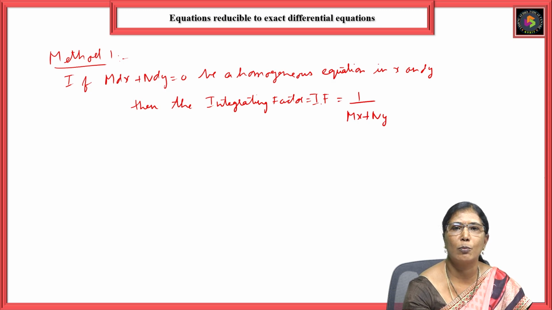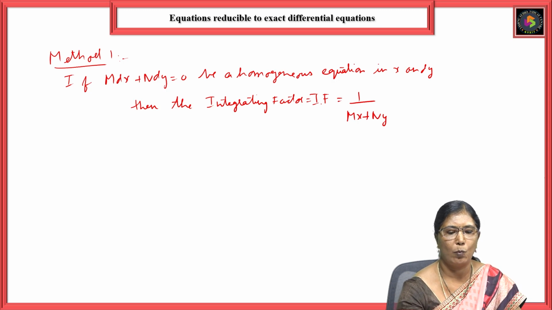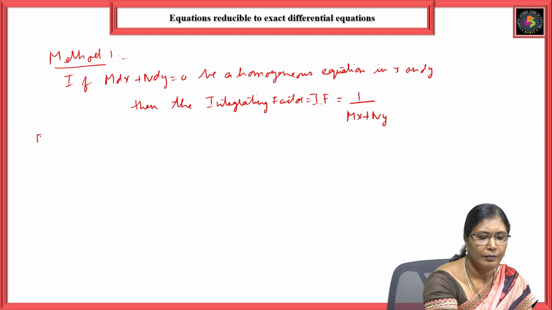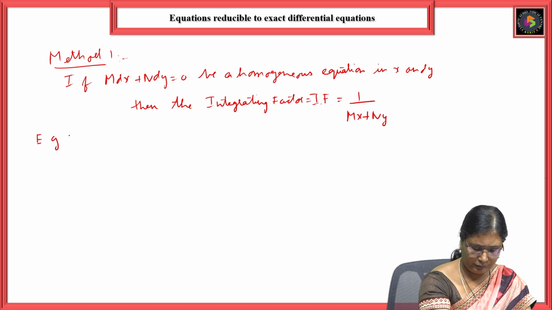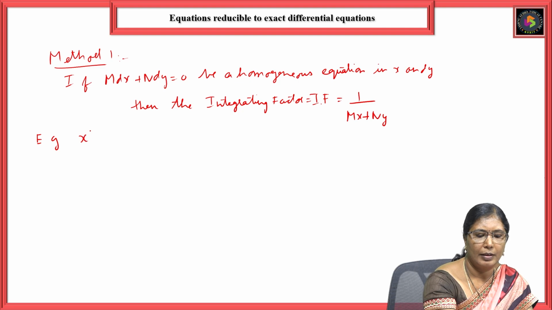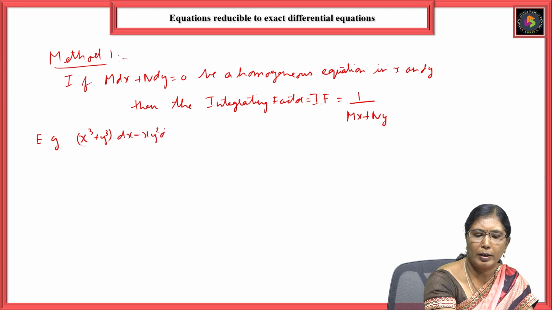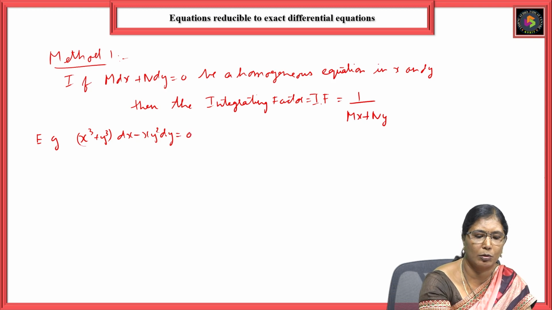So what is the meaning of homogeneous? It means each term should be of the same degree in x and y. Okay, so let us take one example: x cube plus y cube dx minus x y square dy is equal to 0.